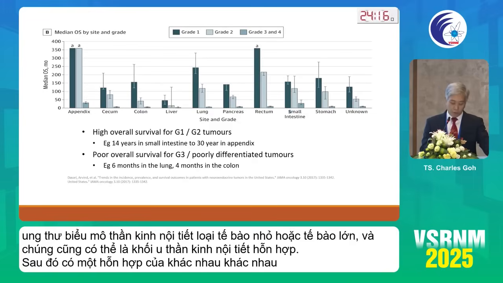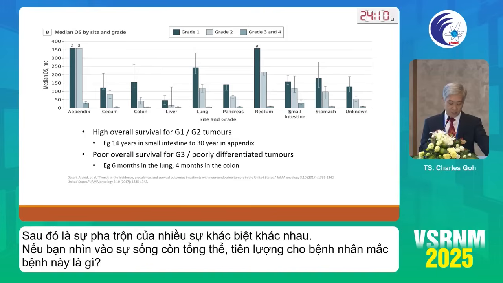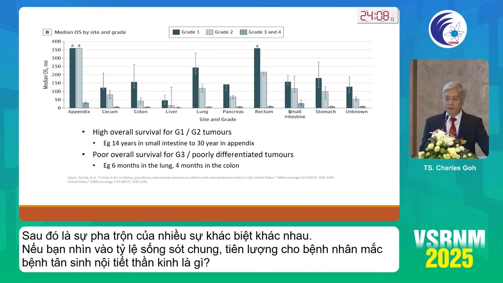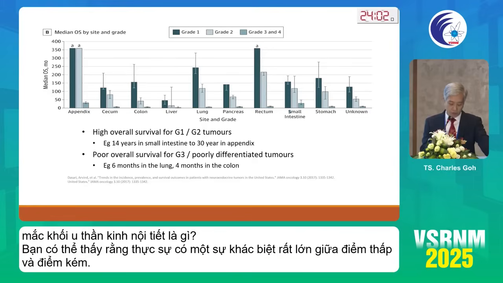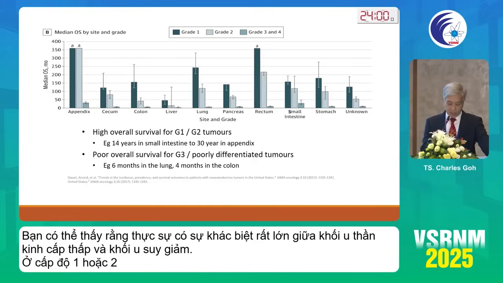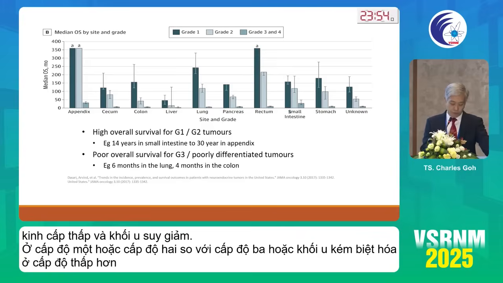If we look at the overall survival, what is the prognosis for patients with neuroendocrine neoplasms, we can see that there's actually a very large difference between a low-grade neuroendocrine neoplasm at grade 1 or grade 2 versus the grade 3 or poorly differentiated tumors. For lower-grade tumors, there's actually very high overall survival.